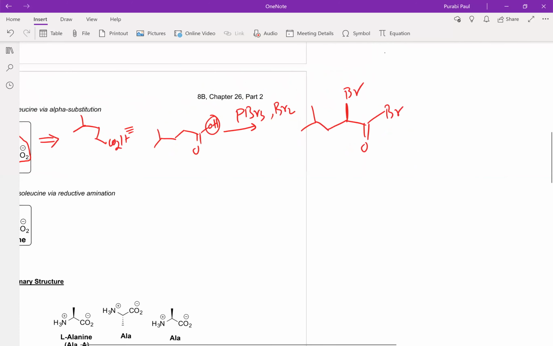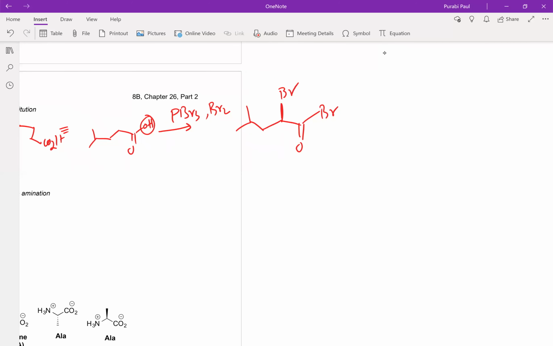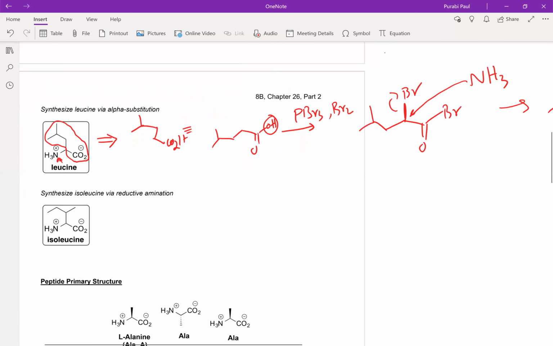And then you could use ammonia, you do an SN2. And then if you hydrolyze that, it gives you your amino acid. So this is NH2, or NH3 if it's typically written as charge separated.